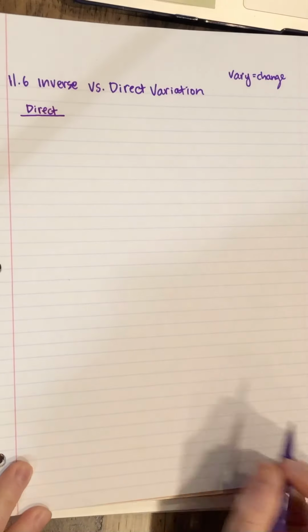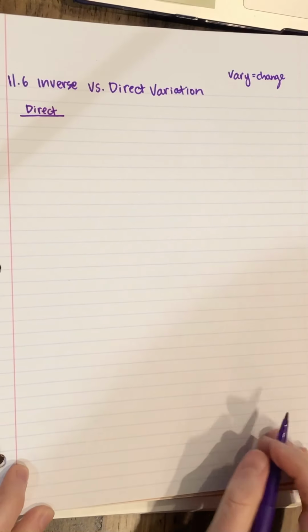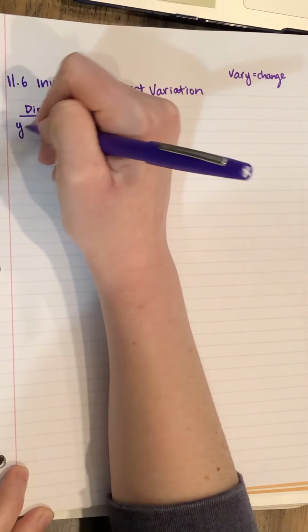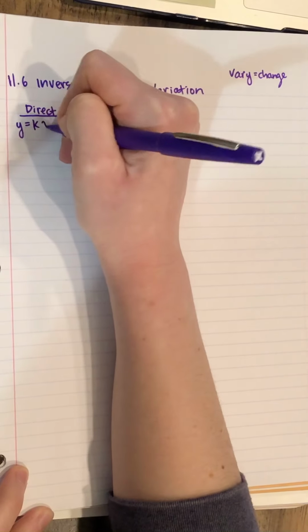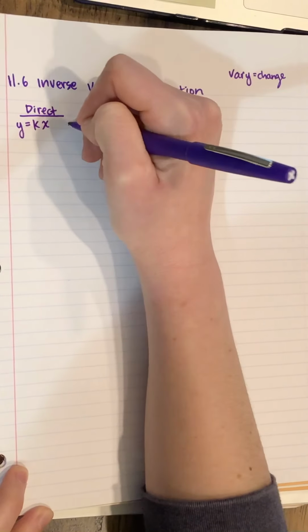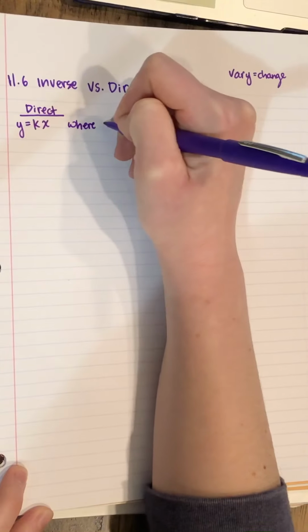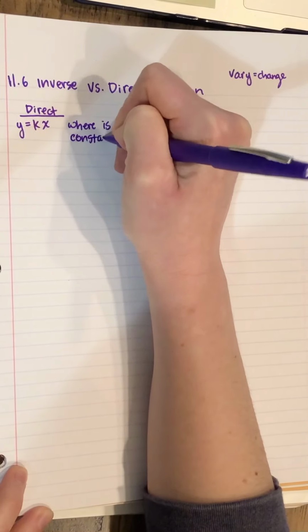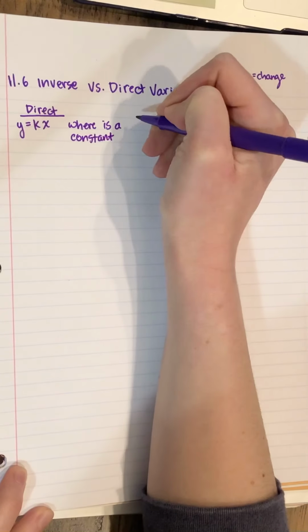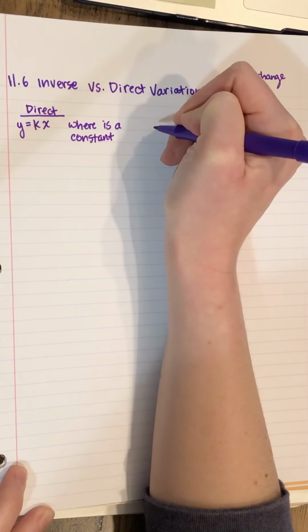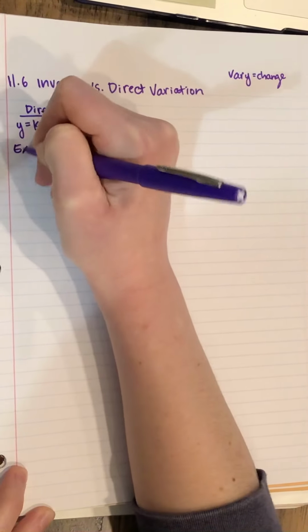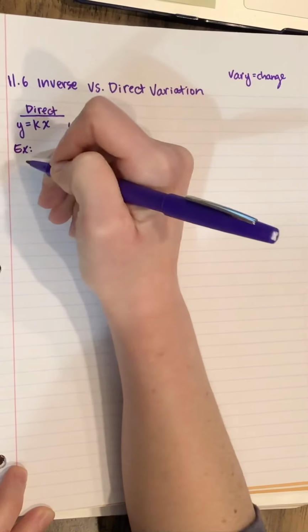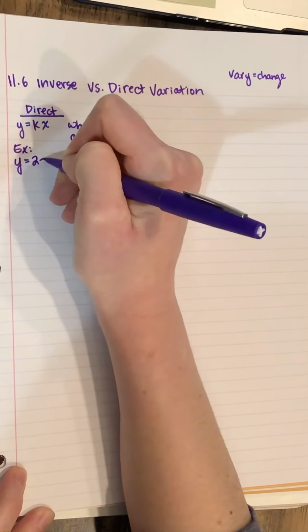And how you know something is direct variation is it has this equation y equals kx, where k is a constant, meaning it's a number. So for example, y equals 2x.